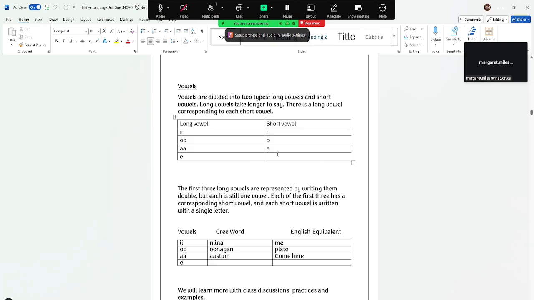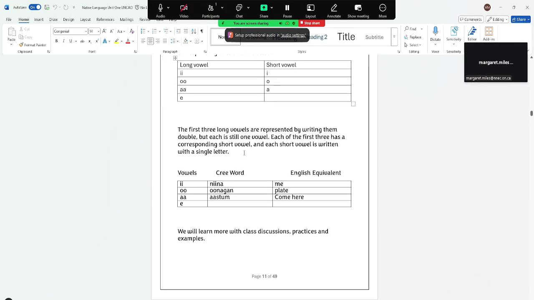So the short vowels here in the example: E, O, A. Long vowels: E, O, A. So the first 3 long vowels are represented by writing them double, but each is still one vowel.